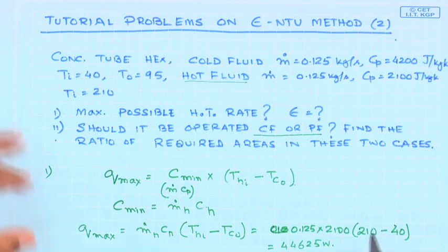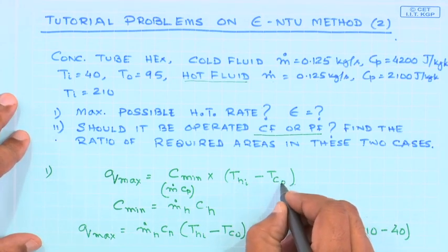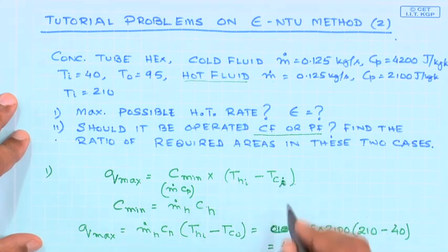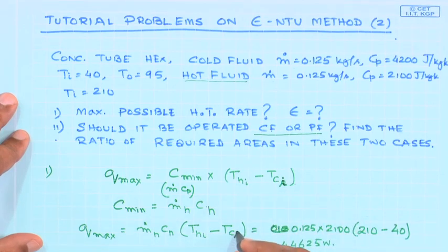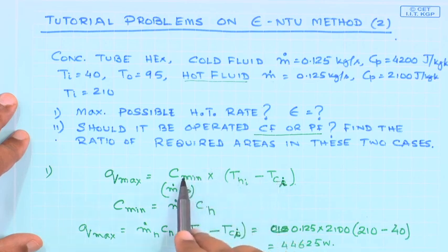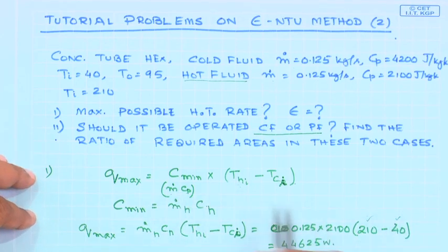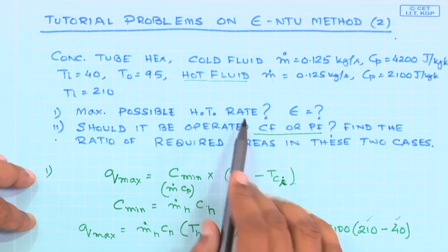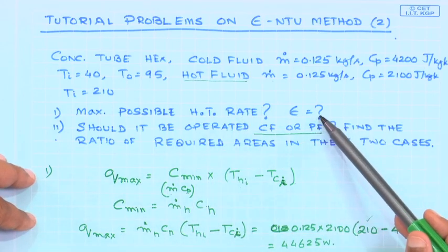Therefore, this is the maximum temperature drop, multiplied by C minimum, which is the minimum of m dot and Cp, and when you put in these numbers, this is the maximum amount of heat which can be transferred in the heat exchanger.